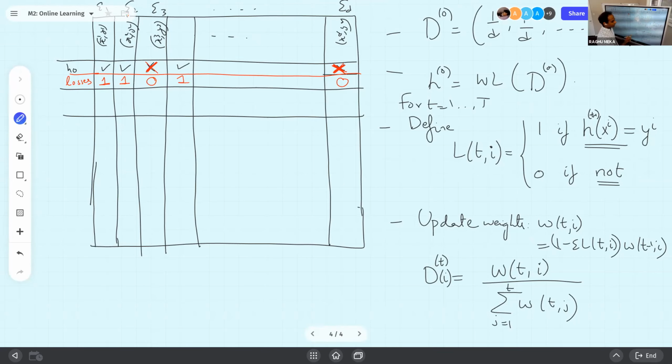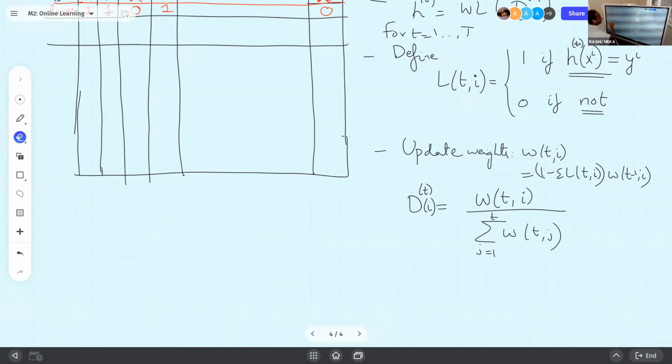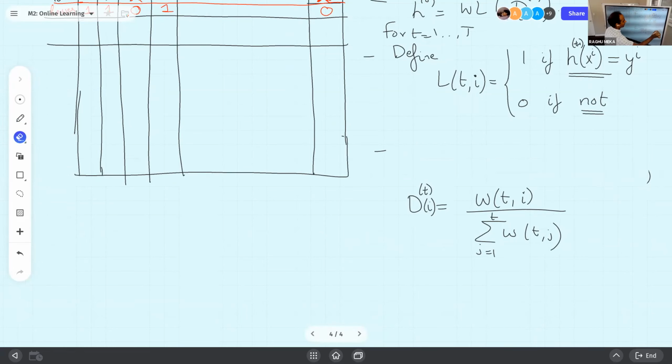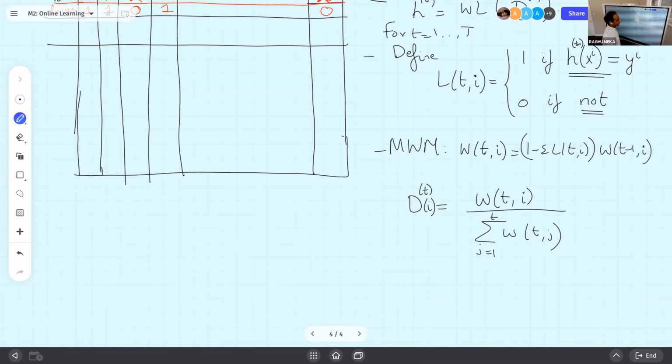Actually, let me write it in a nicer way. So with multiplicative weights, I update the weights with these as my losses. And my next distribution is D_{t+1}. That's it.